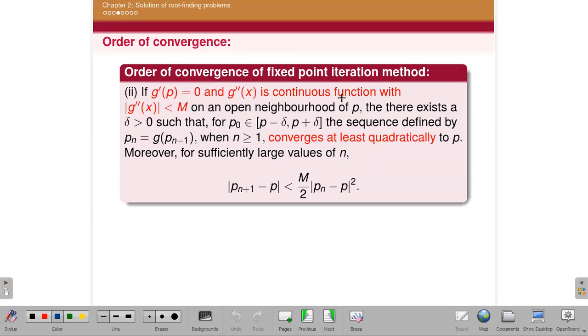If g dash P equals 0 and the double derivative is a continuous function, the double derivative is bounded, that is, g double derivative is less than or equal to some quantity which is greater than 0.